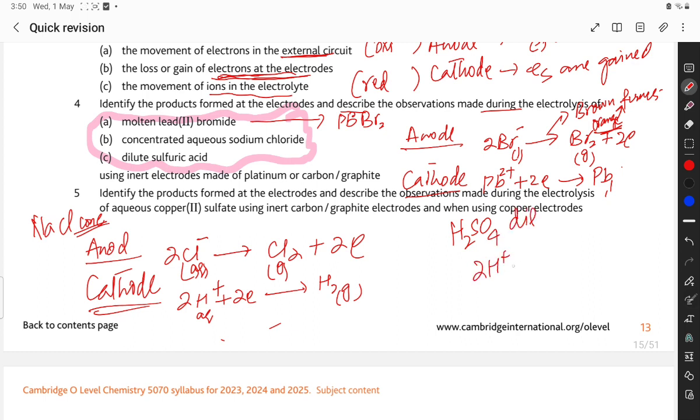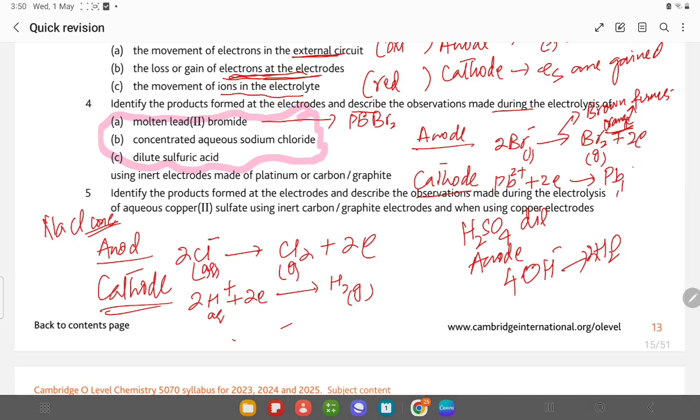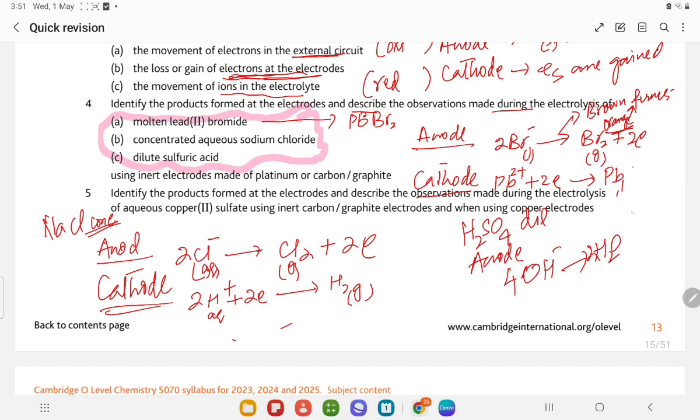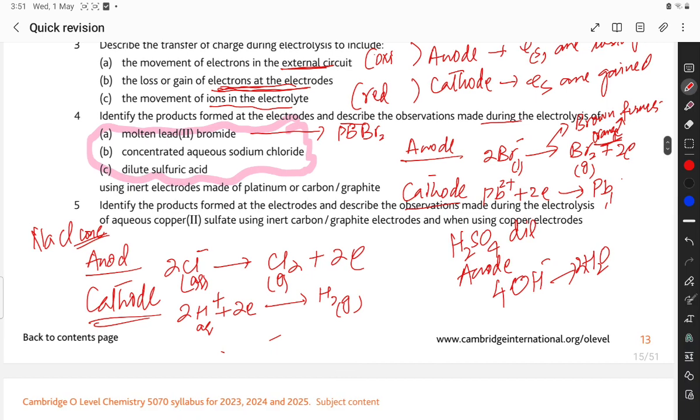Anode reaction is 4OH negative ion to form 2H2O plus O2 plus 4 electron. And cathode reaction very simple, hydrogen gas, 2H positive plus 2 electron to form H2.